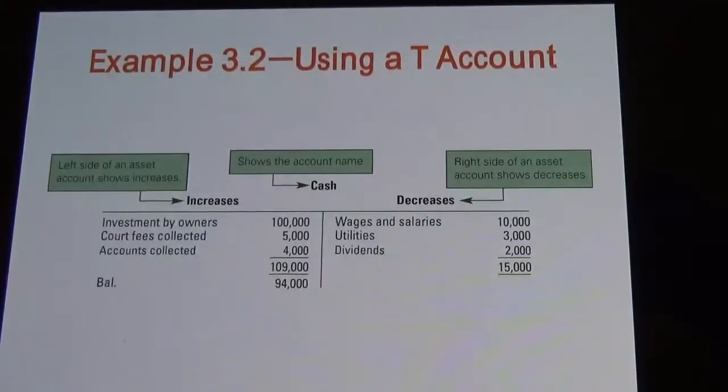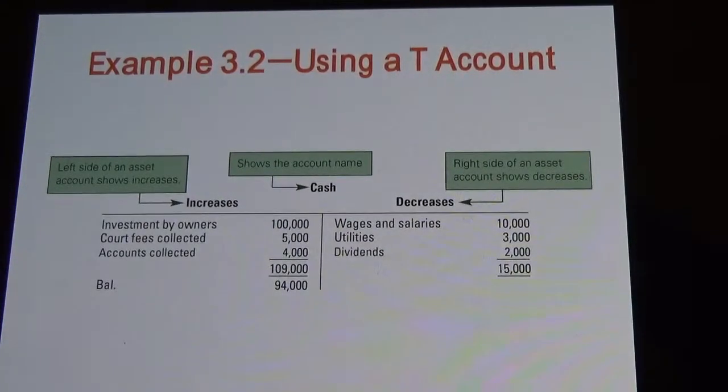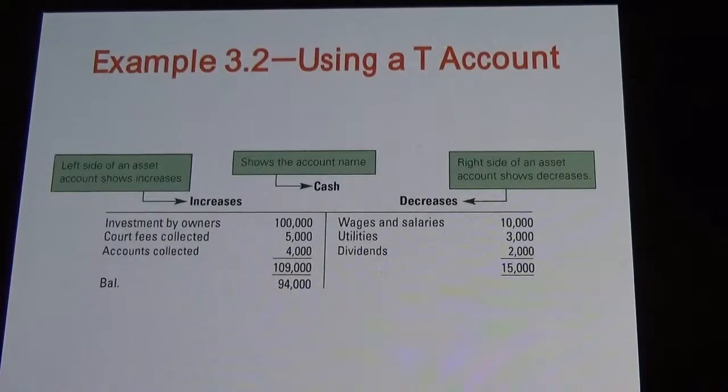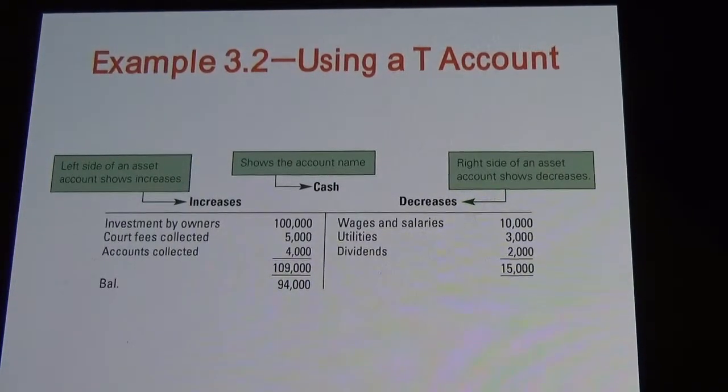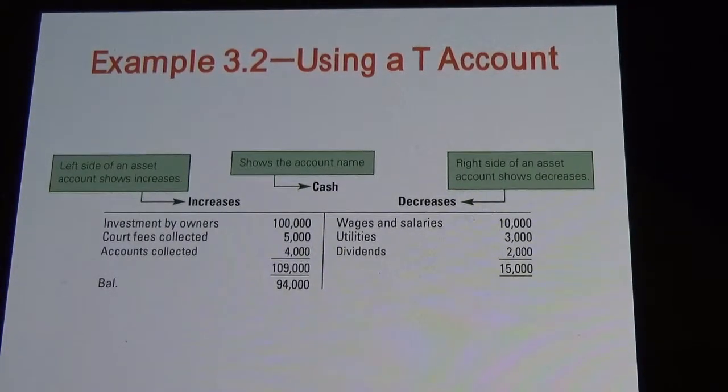On the left side, we're not actually going to write the word increases, or decreases on the right side, because that actually depends on what account it is, which accounts increase with a debit and decrease with a credit, or vice versa, which we'll get into in a minute.